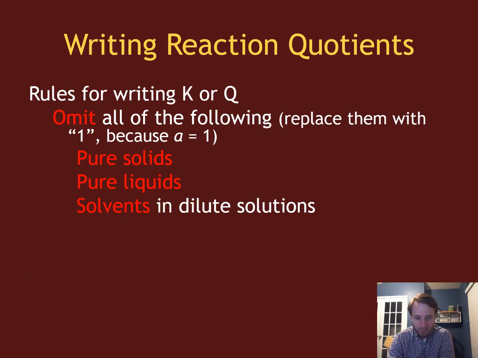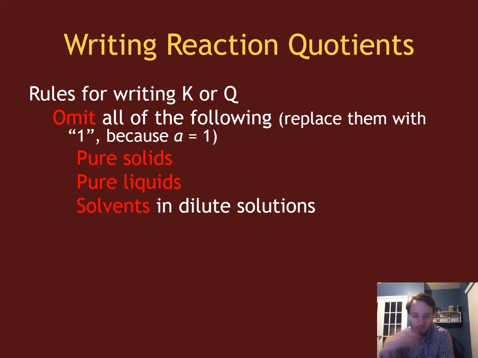When we deal with Q and K, we never deal with pure solids, pure liquids, or solvents, say in a dilute solution, which we consider basically a pure liquid anyway. The reason is that the chemical potentials of these things don't really depend on their pressures per se, and it's relatively constant because we're not really changing the composition of those things.